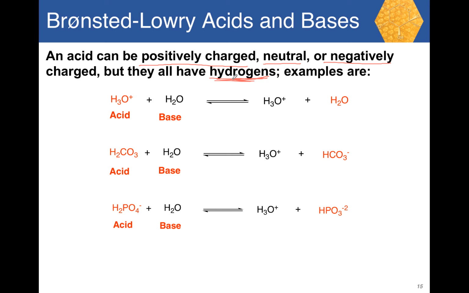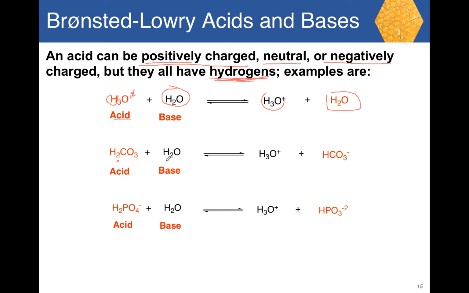So let us look at one that's positively charged, H3O plus. Here's a positive charge. If you react H3O plus with water, it gives up one of these hydrogens to water to form H3O plus again, but here is water. So this is an acid that's positively charged. Let's look at an acid that's neutral, carbonic acid, H2CO3, neutral.